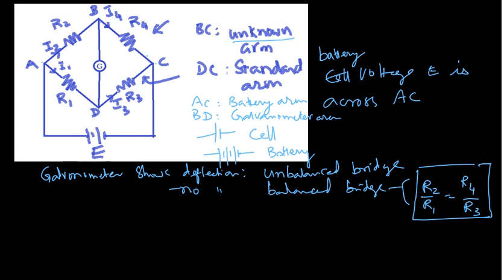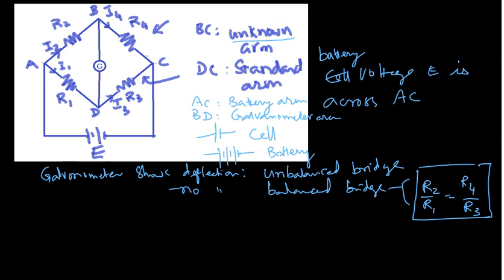This is the ratio, this is how the resistor values will be. This is how we write the relation of the four resistors, R2 by R1 equal to R4 by R3, and this condition is called the balance condition for the galvanometer to give 0 or no deflection.